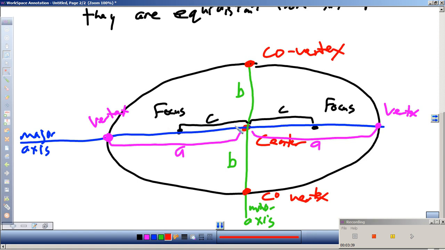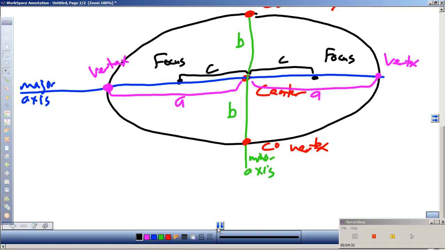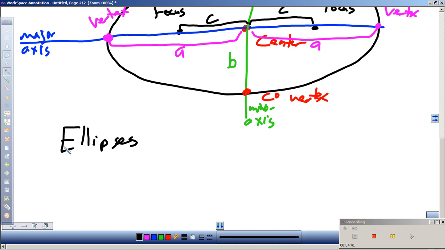Now, we're going to do a chart like we did yesterday with the parabola. This chart has a few more things on it. For ellipses, first two things, two equations which apply for all of them.